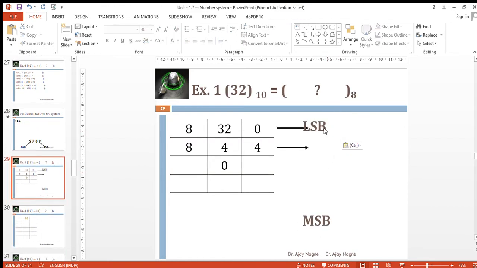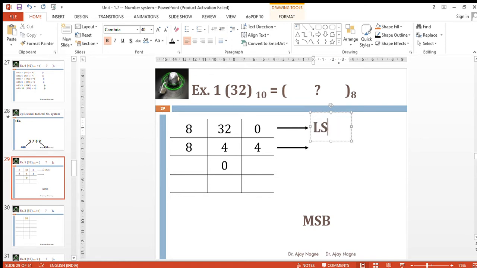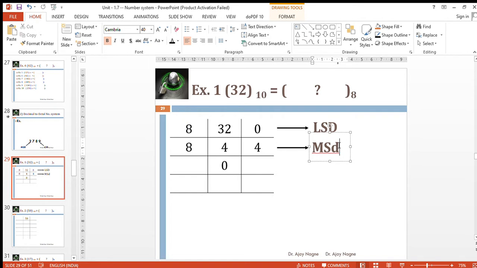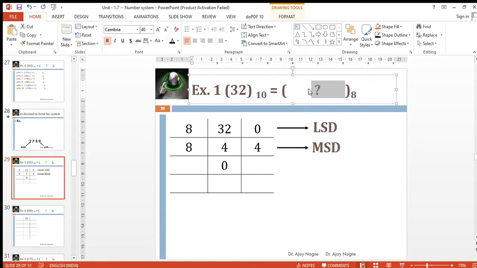Zero means here is the LSD and 4 means MSD. So now this will be 40, got it. So decimal number 32 is equal to 40, an octal number.